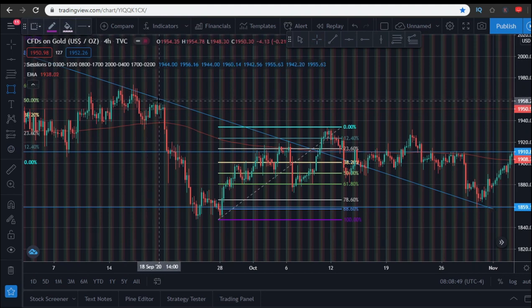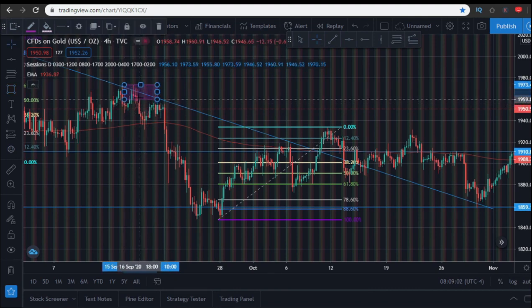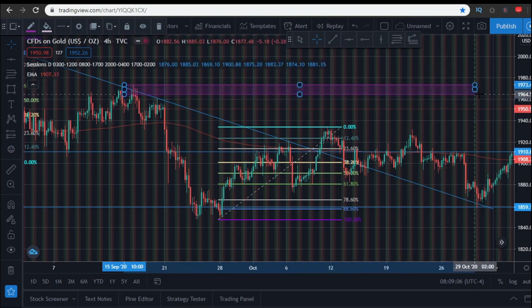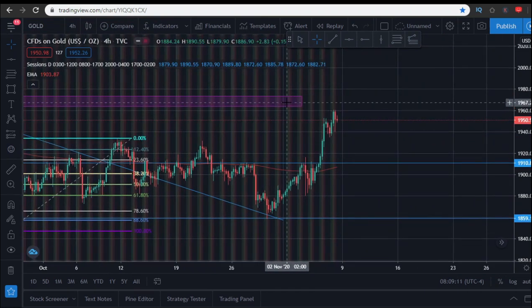The principle of identifying your zones is you draw a box from the top of the candles to the tip of the wicks, and you just extend that box out into the future.